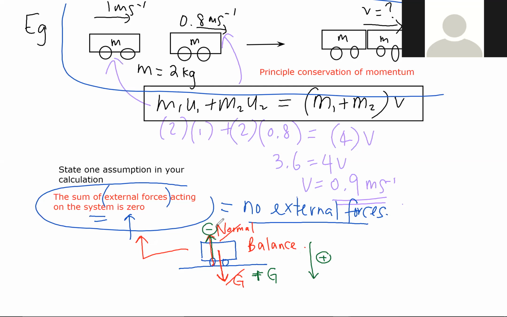So if I add these two forces together, positive plus negative, I will get 0. In other words, the external forces are balanced. So it is wiser to say that the sum of external forces acting on the system is 0.